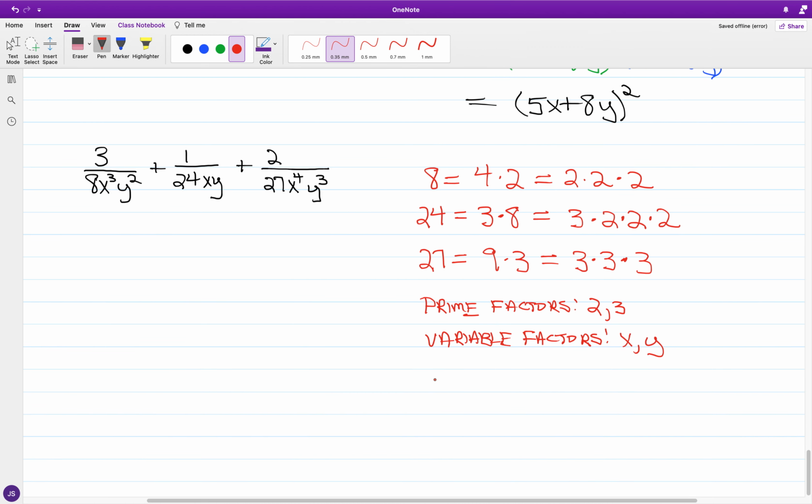Now for the least common denominator, what you can do here, with the numbers 2 and 3, is take the greatest representation of each of the factors. 2 does not appear at all in 27, but in 24 it appears 3 times, and in 8 it also appears 3 times.